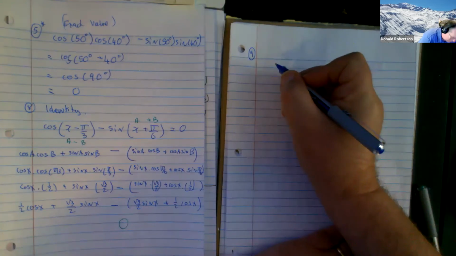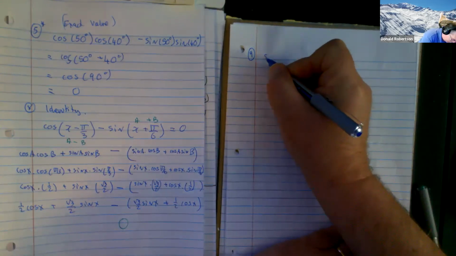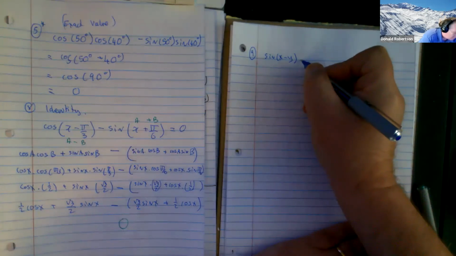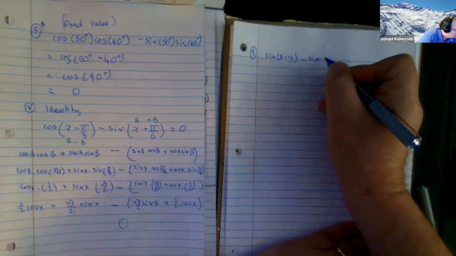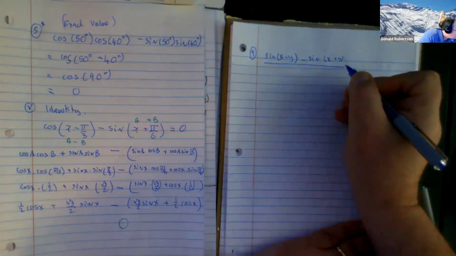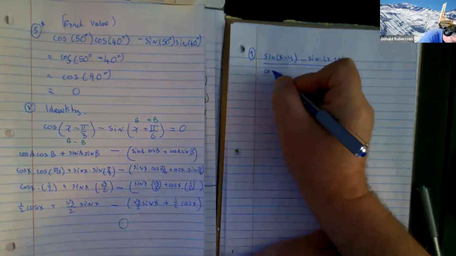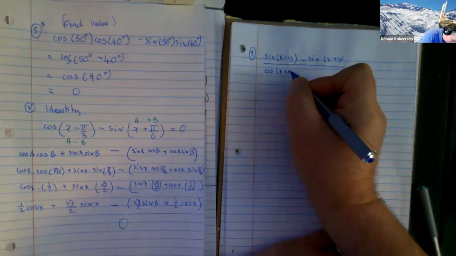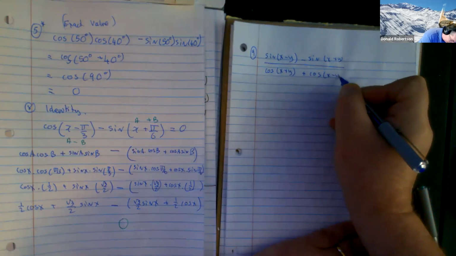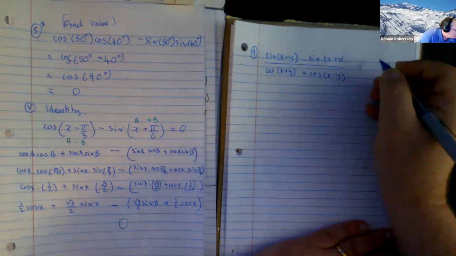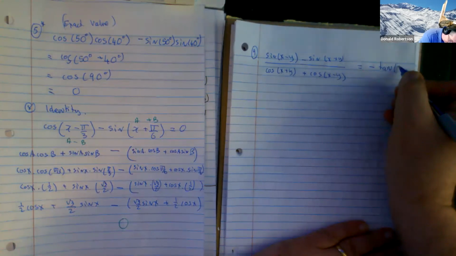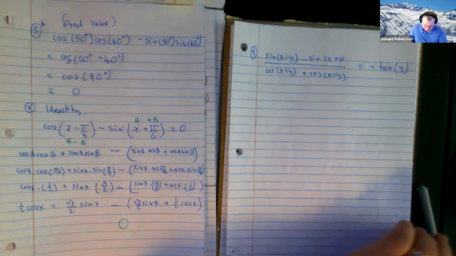Question 9 asks us to prove that the sine of x take away y minus the sine of x plus y, all over the cosine of x plus y plus the cosine of x minus y, that whole expression ends up being the same thing as negative the tan of y.